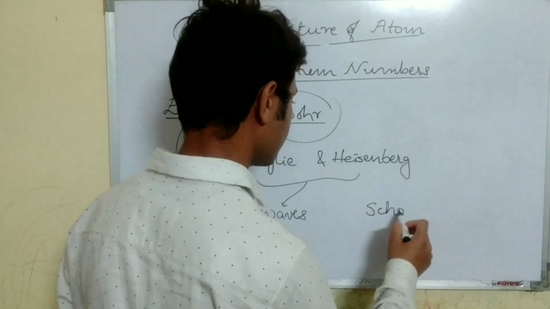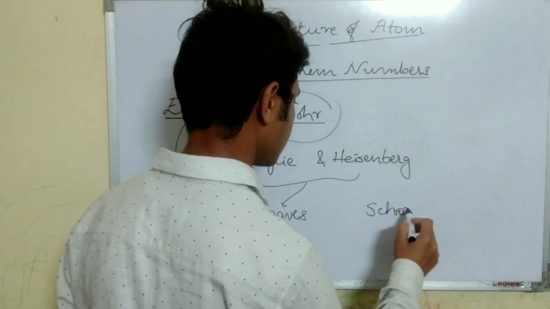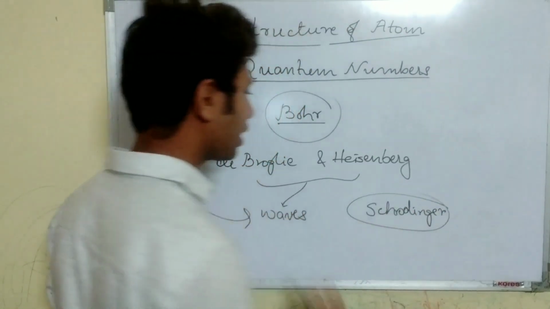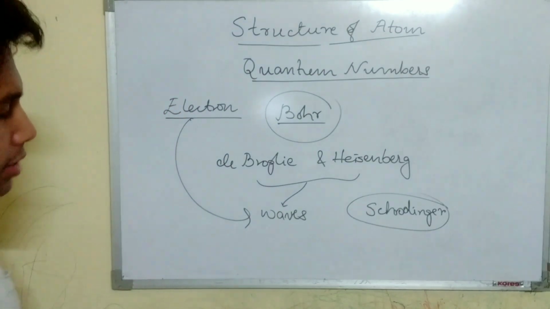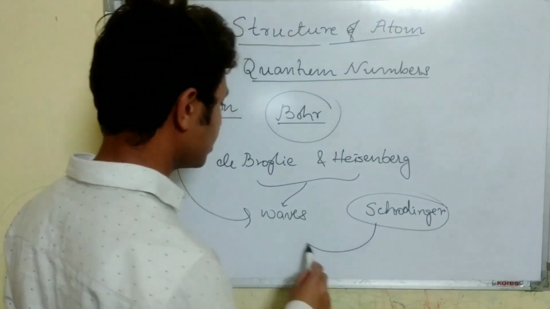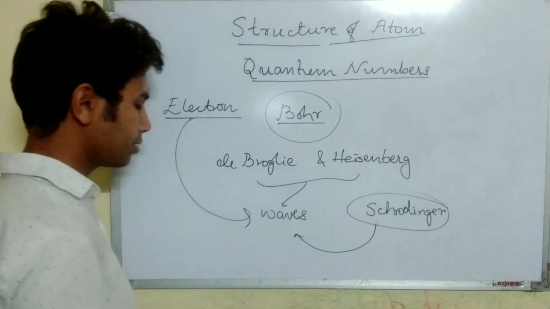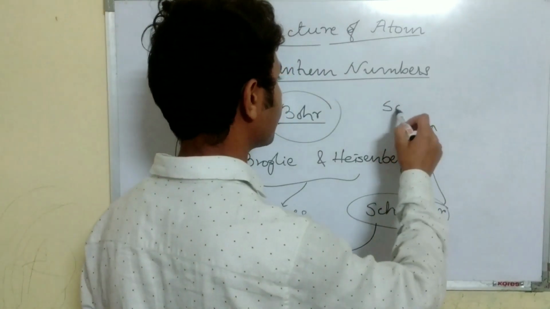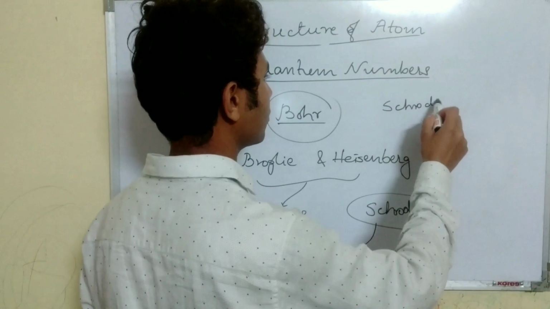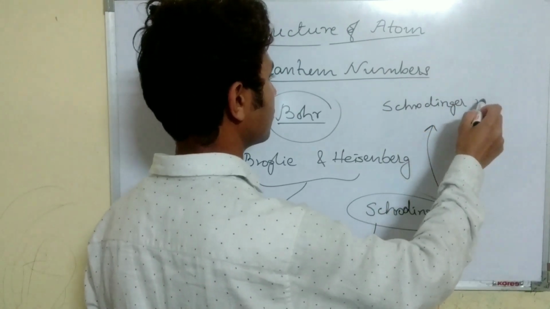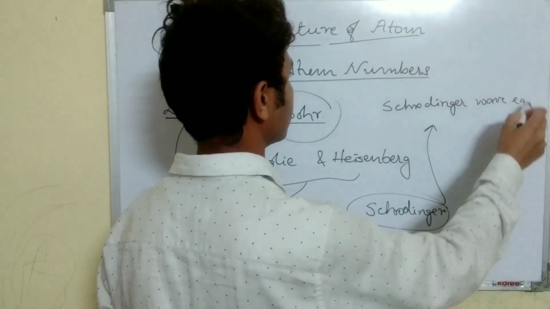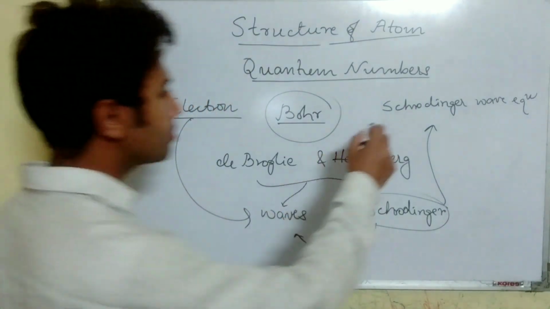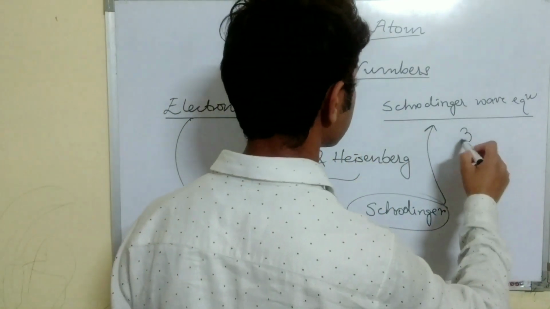Schrödinger came and he expressed these waves as the Schrödinger wave equation, which gives us three solutions.